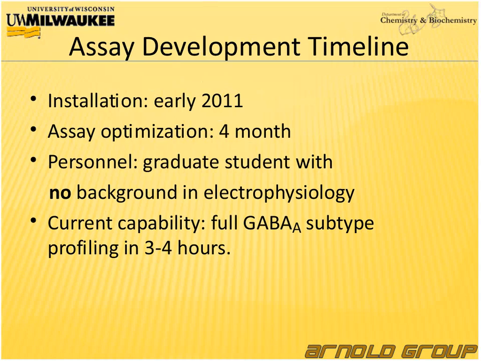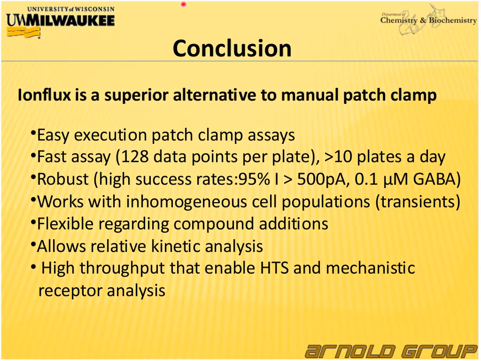As personnel, I had one graduate student, and she had actually no background in electrophysiology, but she was able to pick up the assay very, very quickly. And we are now at a point where we can determine the subtype selectivity of benzodiazepines within 3 to 4 hours, profiling all the different GABA receptors having the different alpha subunits.